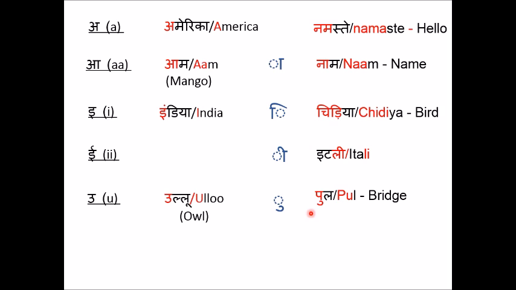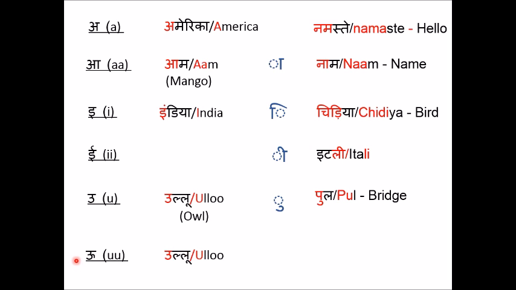For example, we have pul. This is pa, and then underneath we have this symbol, which then becomes pu. Pul also means bridge.